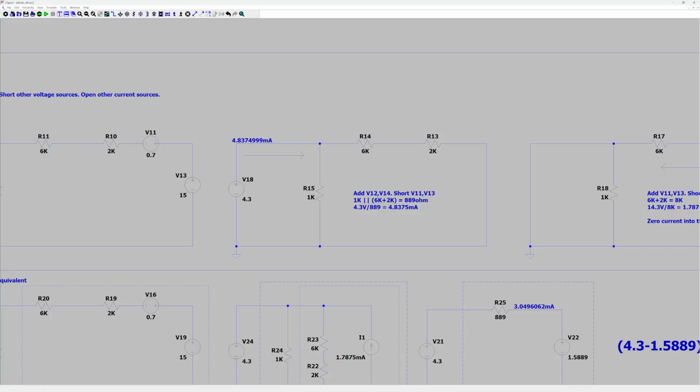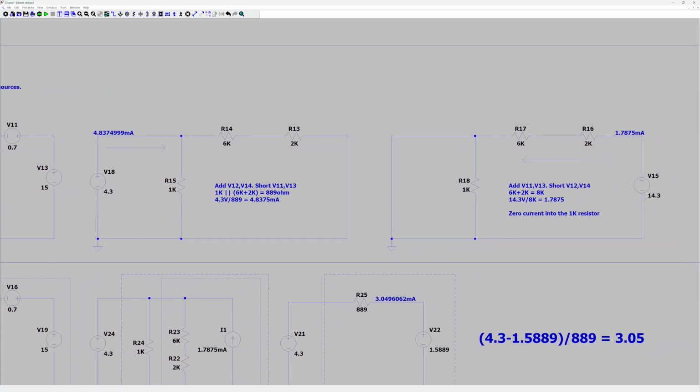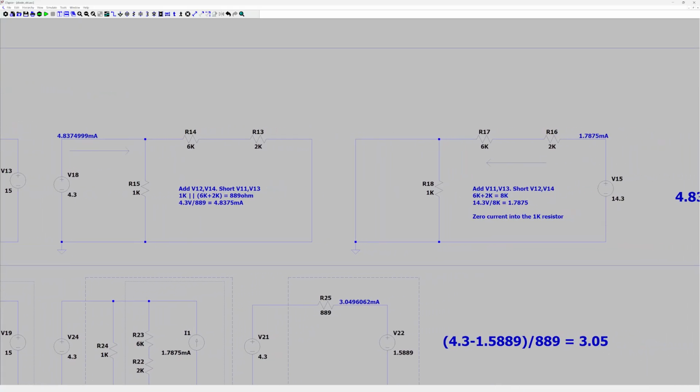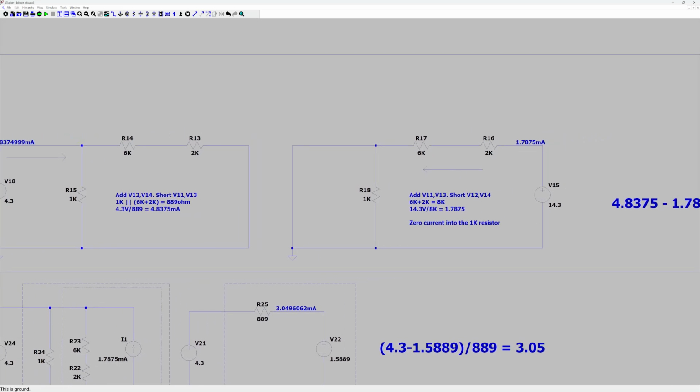Then the other half of this is you short the other supply and calculate this current. Now this node is ground, so this current is going to be 14.3 divided by 8K, or 1.7875.